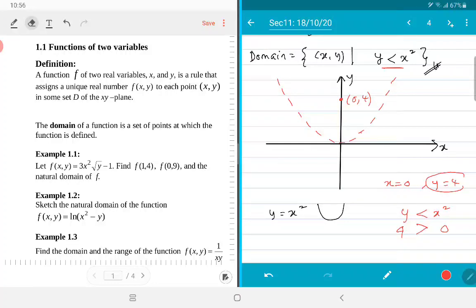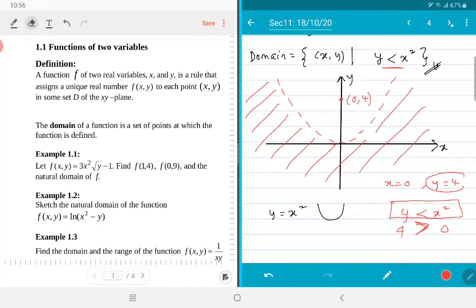Definitely 4 is larger than 0, which means that this point (0, 4) is not in the region y less than x squared. Which means the region of the domain would consist of all the points below the curve y equals x squared. So this is the domain, and this is the sketch of the domain.